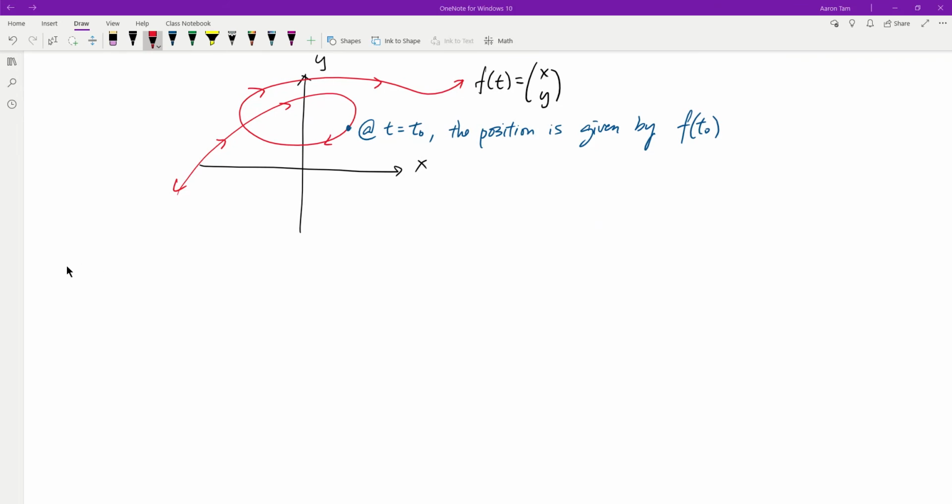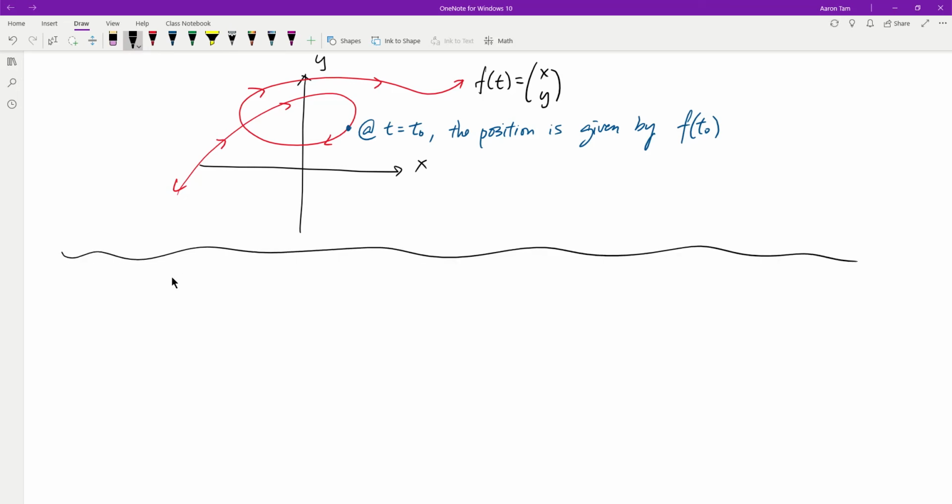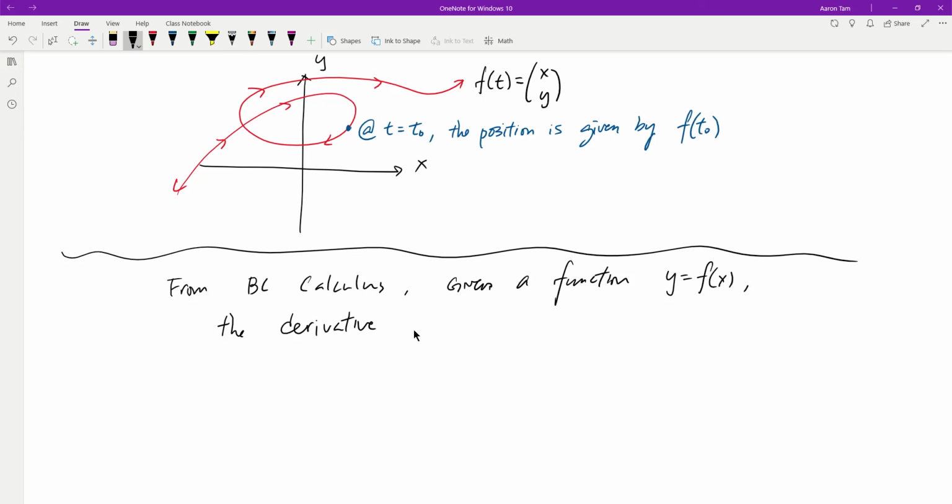So now comes the next big question. What does the derivative represent? So we recall from BC calculus, let's say given a function f of x, or maybe y equal to f of x, the derivative of this function, f prime of x, defines two things.